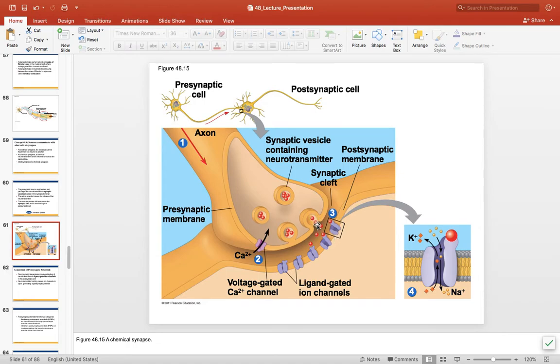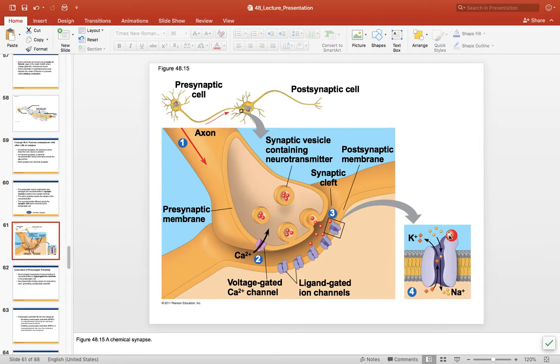And that message is passed through neurotransmitters. So as the message comes down, these vesicles are going to form around these neurotransmitters. They're going to be released through exocytosis and travel across that gap and hopefully be picked up by ligand-gated ion channels or receptor proteins in the membrane of that other cell.